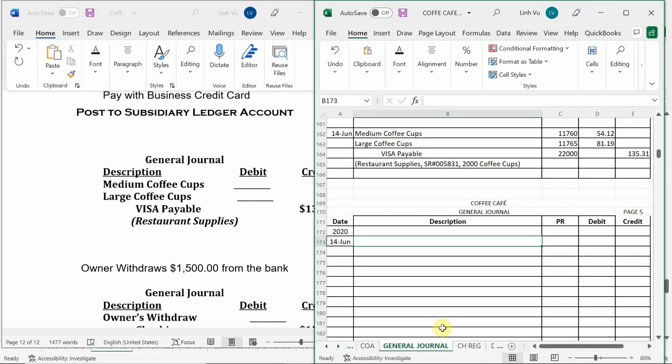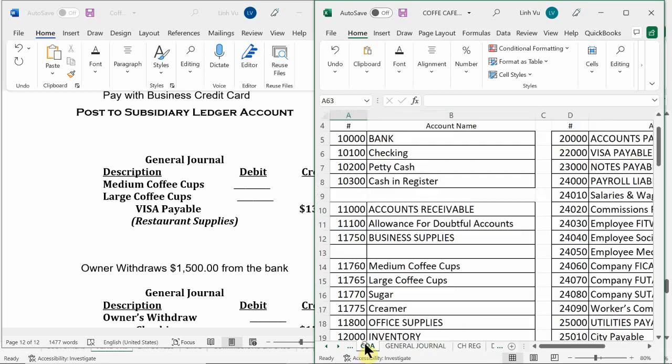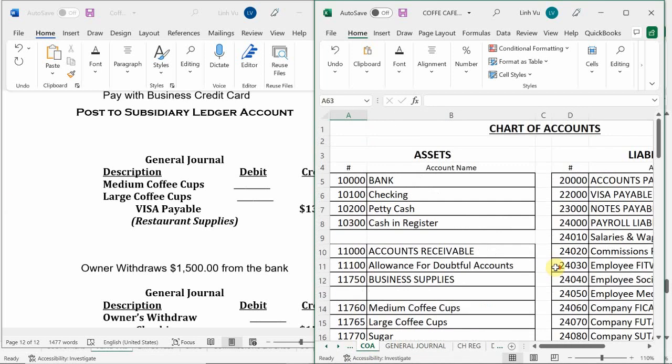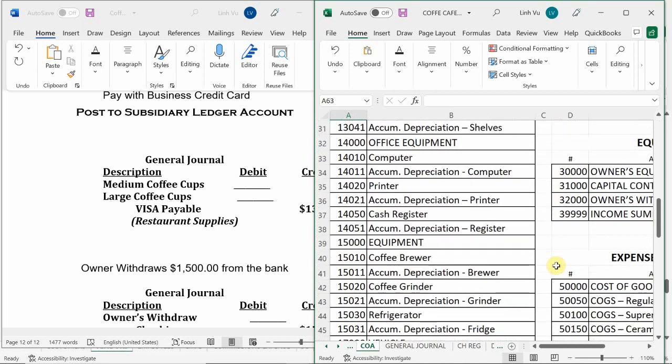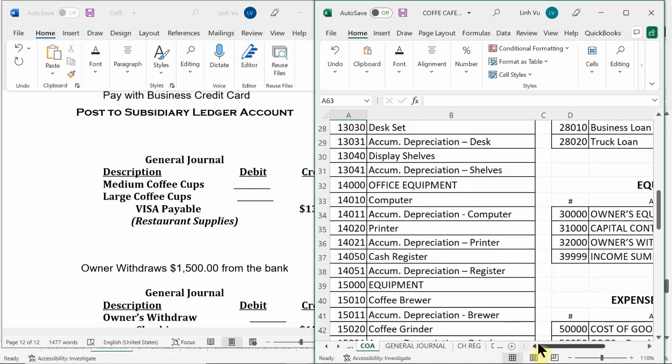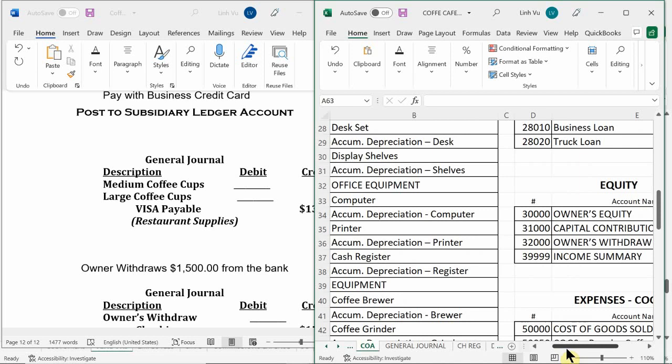A withdrawal. He did a withdrawal. Okay? So in this case, let's check it out. Which account is the owner's withdrawal? Okay. So here, owner's withdrawal is account number 32,000.